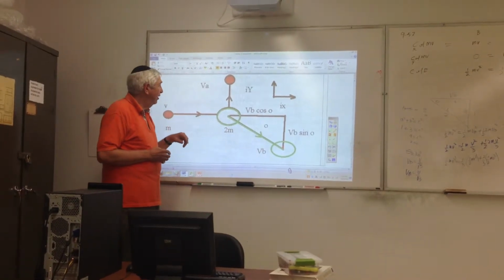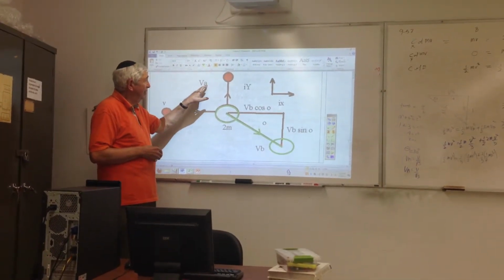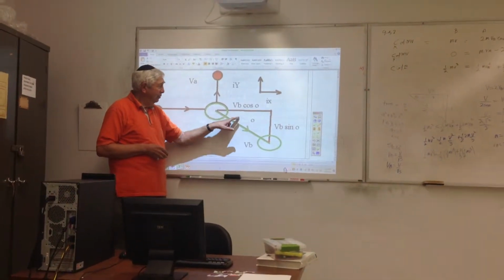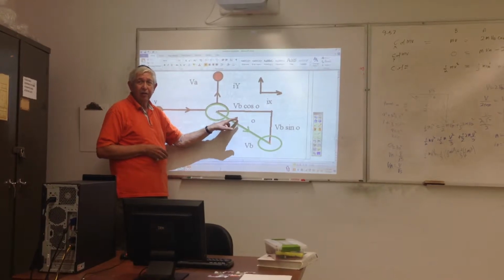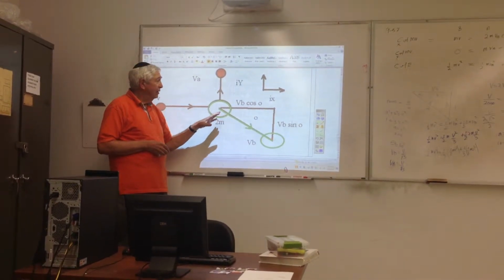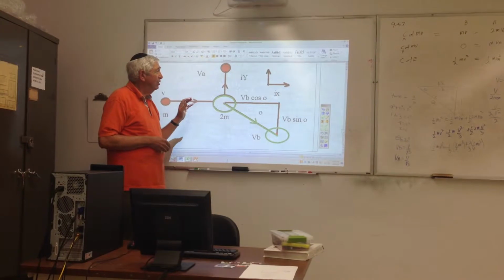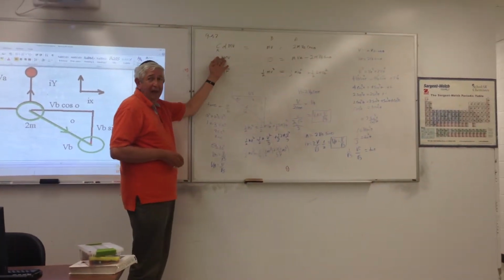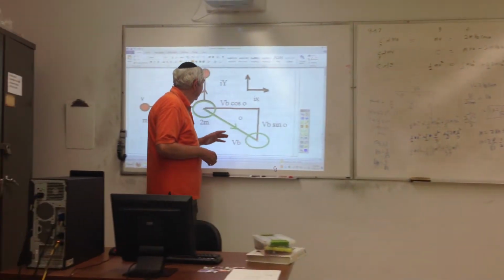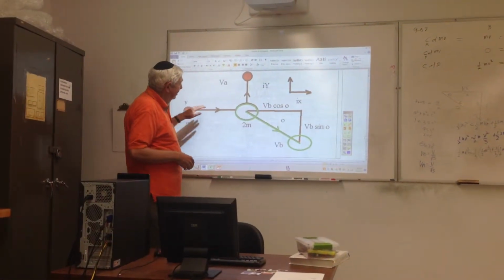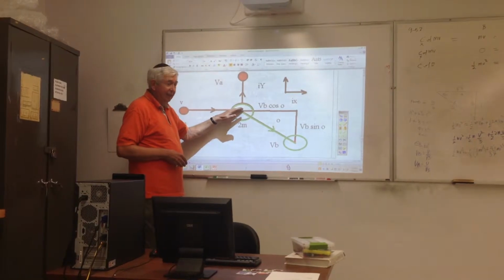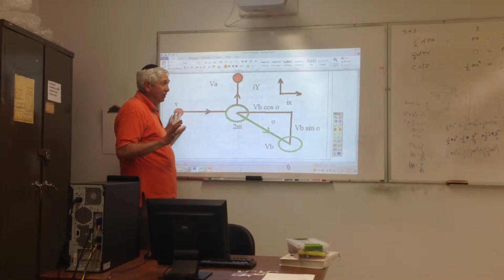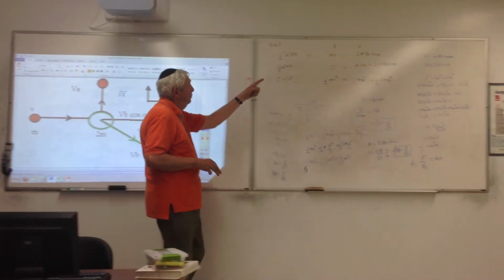So what do we have to find? We don't know the final velocity of A, we don't know the final velocity of B, and we don't know this angle. So there are three unknowns. What are we going to use? We're going to use the conservation of momentum in X. Before the collision, we have mass times velocity, so that's mv.